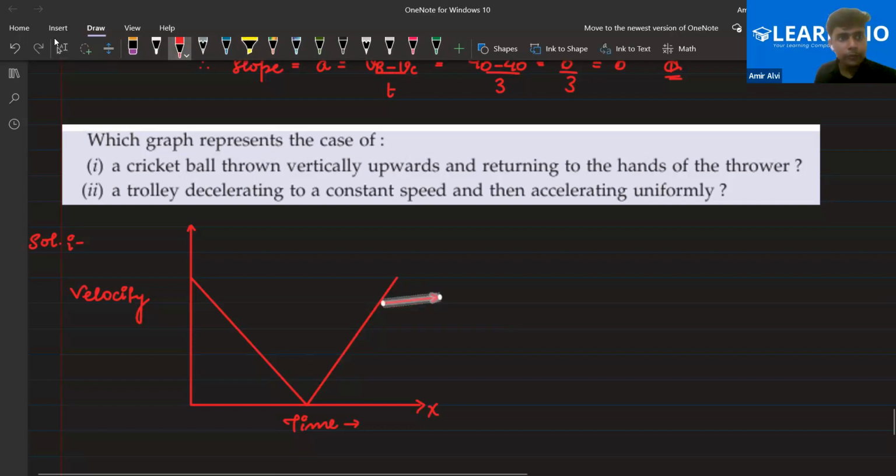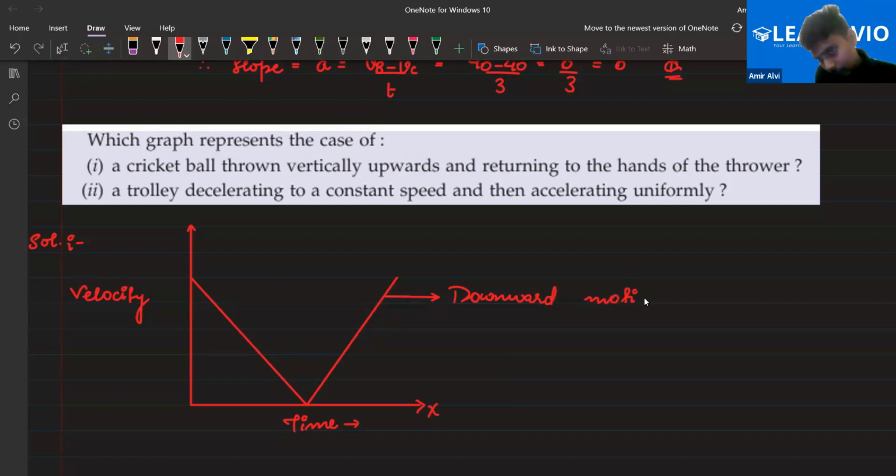Okay. So whenever you draw this kind of graph, always mention what motion it is representing. So this is for the downward motion, and this is the upward motion. Right, everyone?